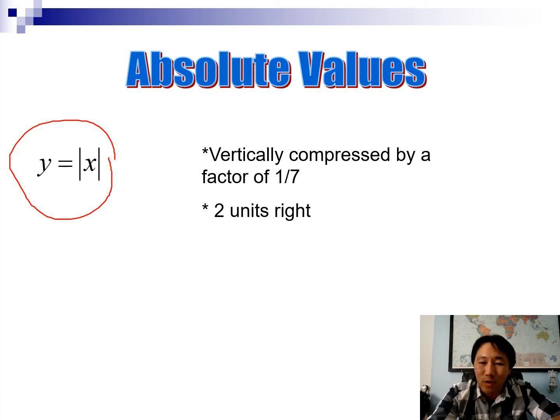Where am I going to put the 1/7 and where am I going to put the 2? There it is, the 1/7 in the front multiplying, and then a 2, the -2 inside the absolute value bar. That makes it left or right.